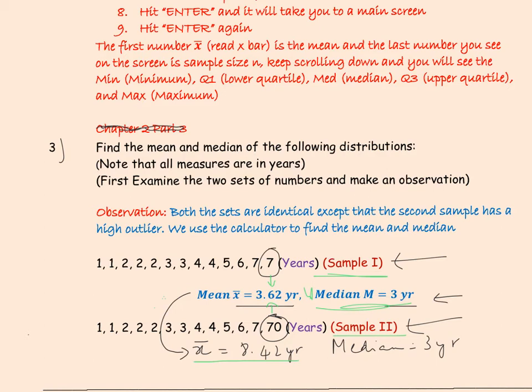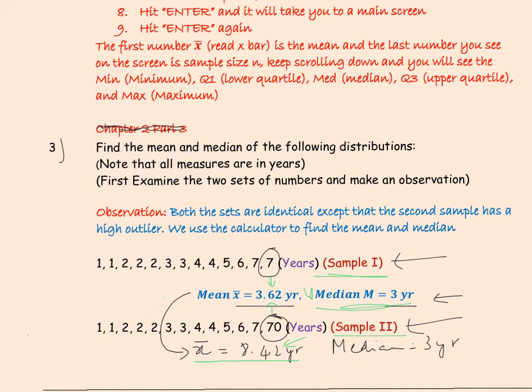So the high outlier changed the mean because the mean adds all the numbers and then is divided by the total number of numbers. But the median remains the same, which is 3 years. So the high outlier didn't change the median.